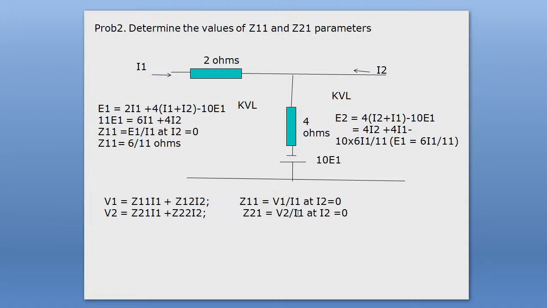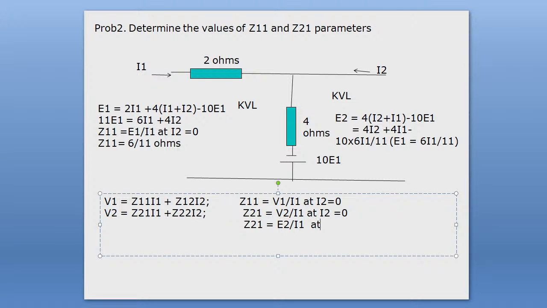So E2 by I1, how much will you get for this case? Let me write here Z21 equals E2 by I1 at I2 equal to 0.